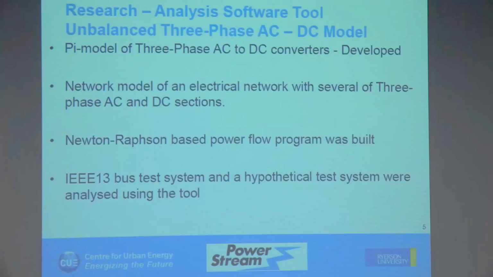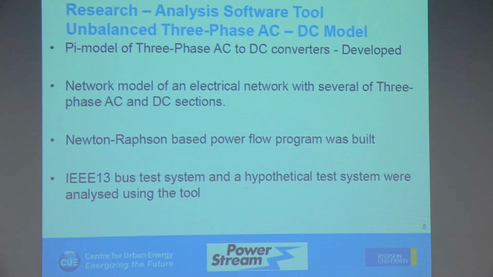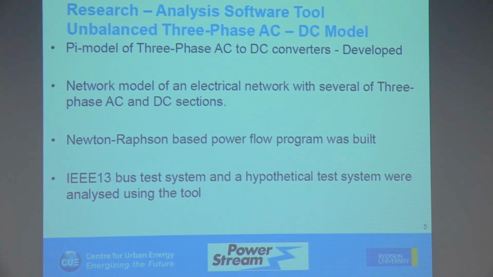So what are we reinventing here is a quick question that we always ask ourselves. The thing that we found when we looked at those AC-DC power flow methods was that it was not standard to bring a power converter, which converts AC to DC or DC to AC, into the Y bus. That's not a common thing.